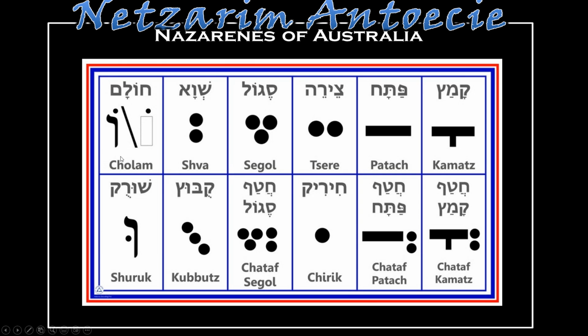Then we have cholam, which gives you the O sound. We have shuruk, which is the shorter U sound, and then we have kibbutz, a longer U sound. Then we have a combination of shva and segol, which is called a chataf segol. Then we have chirik, that's the I sound. Then we have chataf patach, the combination of these two, with the patach again a shorter A sound, and then we have chataf kamatz after the shva, a longer A sound.